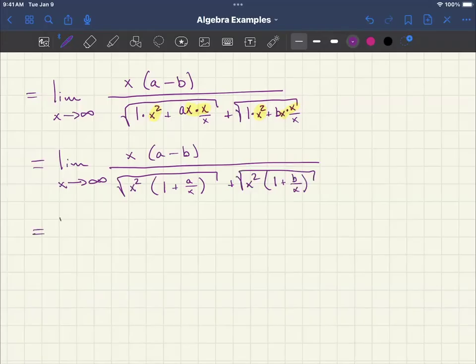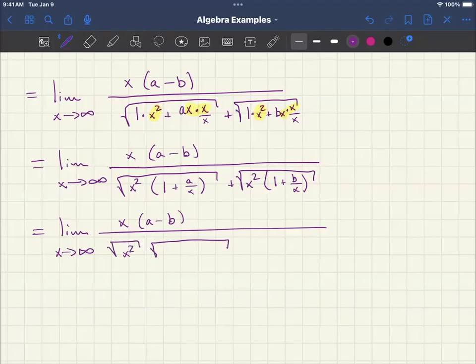And because we have multiplication in our denominator there, in each of those terms, we can actually separate that square root. Remember, square roots do not break over addition. So since I have the square root of 1 plus a over x, that's not going to be the same as the square root of 1 plus the square root of a over the square root of x. It's just not the way it works, unfortunately.